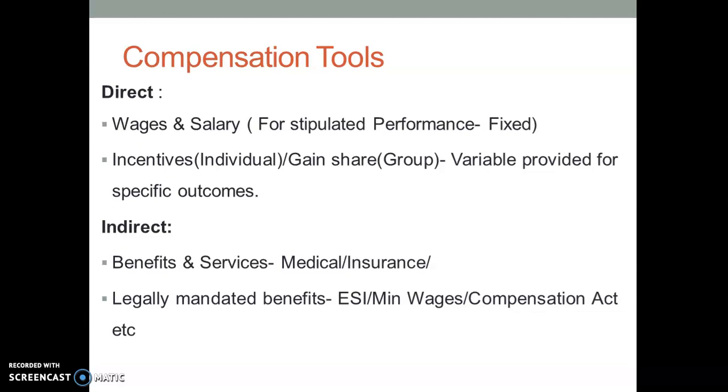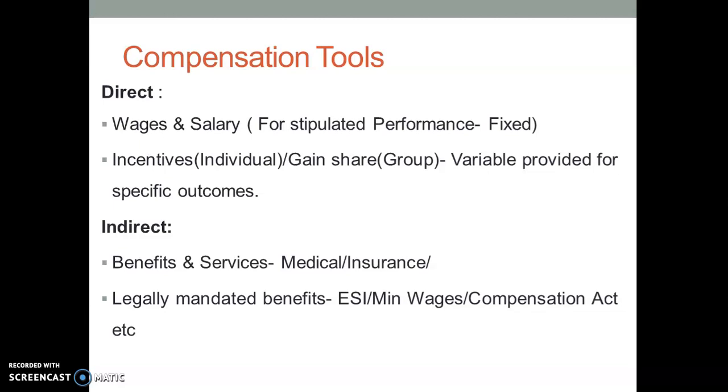When we look at wages and salary, these are a fixed set of compensation to any individual against the contribution they have made for the job profile. So the compensation for any individual, which is against the contribution, is fixed in terms of their part of salary, and that is called wages and salary.